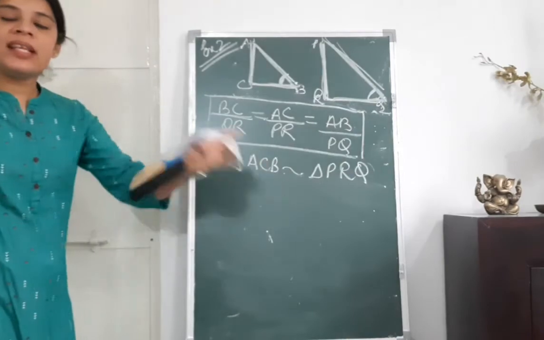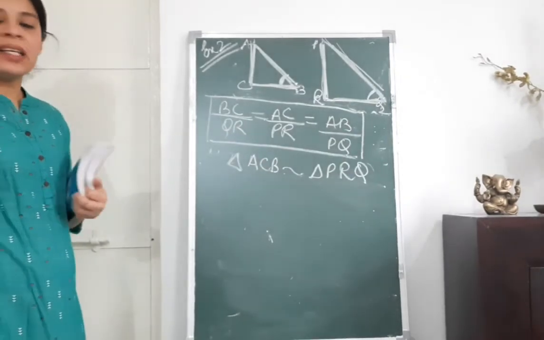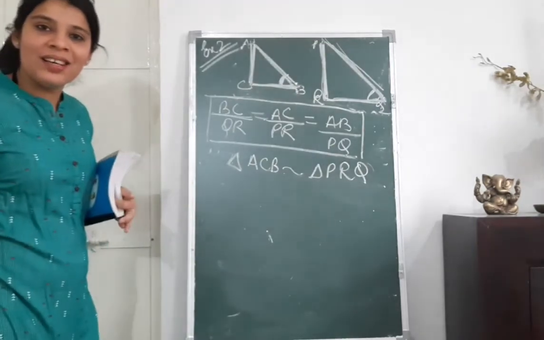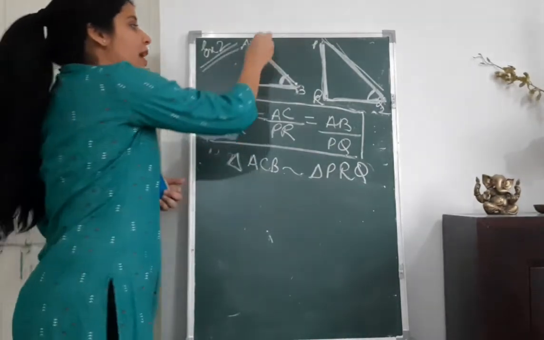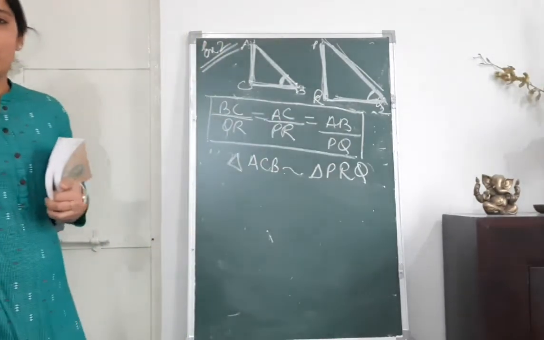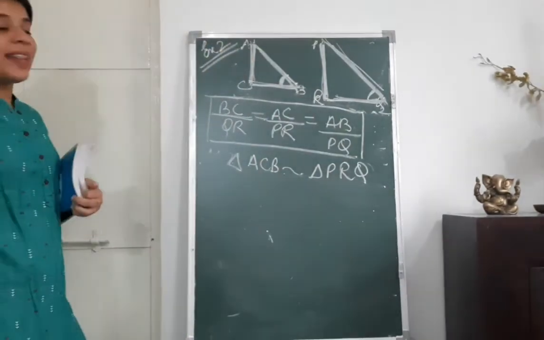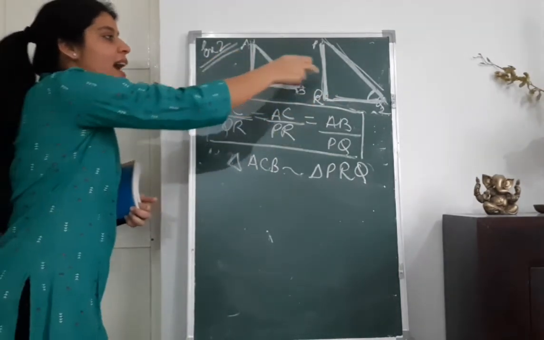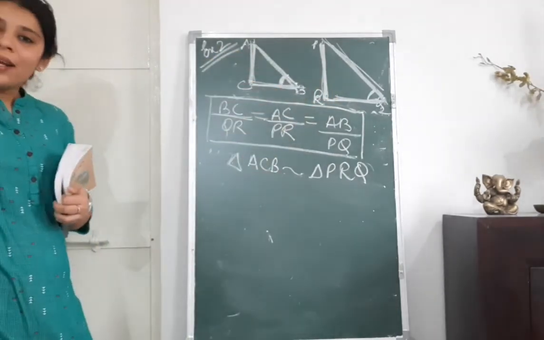Now as both these triangles are similar to one another, therefore their angles will be equal to one another. In similar triangles, if the ratio of their sides are equal, then these are similar triangles and their angles are equal to one another.